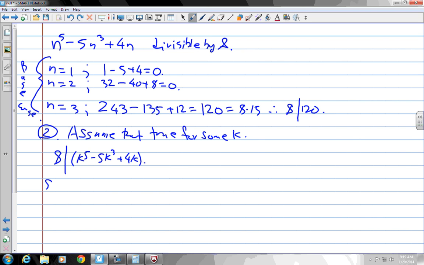We need to show that 8 divides k plus 1 to the power 5 minus 5 times k plus 1 to the power 3 plus 4 times k plus 1. So that's the next step. You increment k by 1.